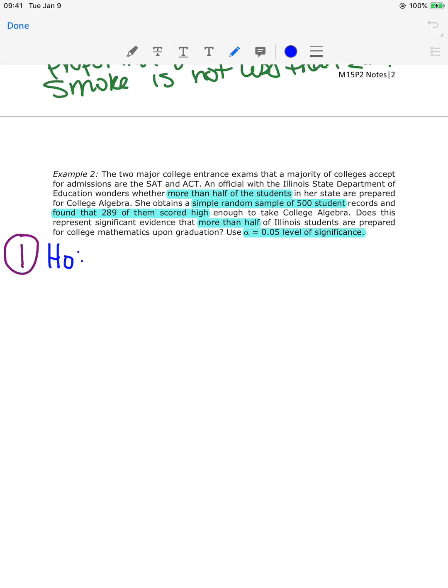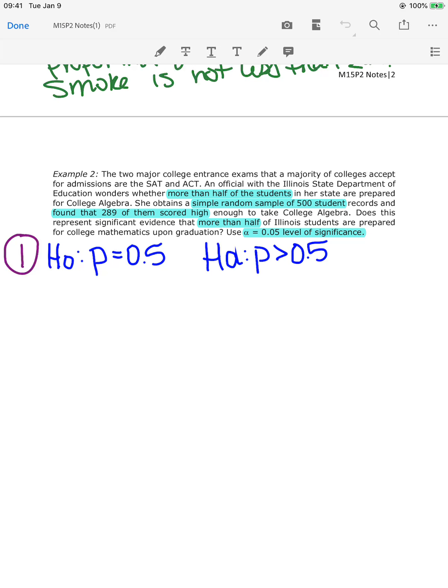So our null is going to be P equals 0.5, because we want to know, is the proportion equal to half? We're going to assume that half of students are prepared for college algebra. And we want to test if that proportion is actually greater than 50%.